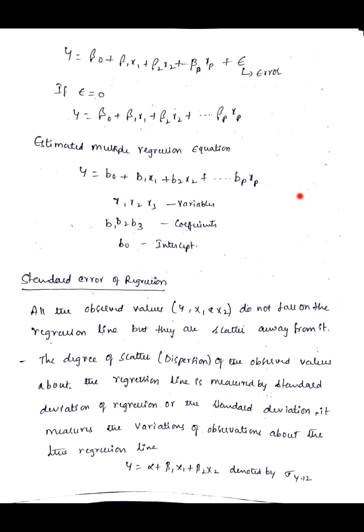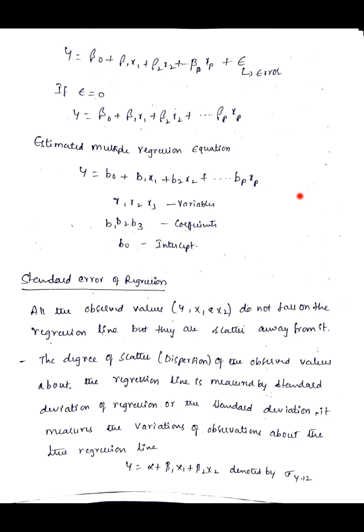Here, the degree of scatter or dispersion of the observed values about the regression line is measured by the standard deviation of regression, or simply the standard deviation. It measures the variation of observations about the true regression line.